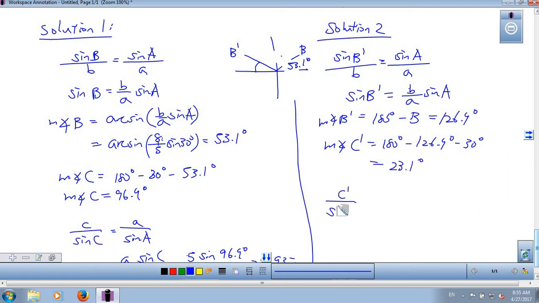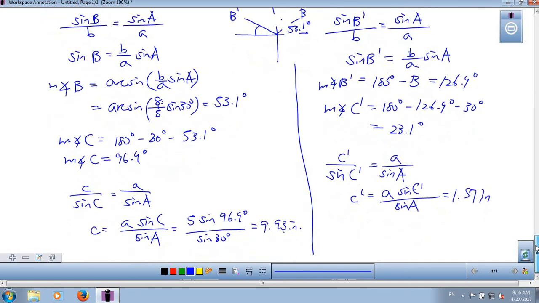So little c prime over sine C prime is equal to little a over sine A. So after we solve this, little c prime would be a times sine of angle C prime divided by sine A. So that would be 8 times sine of 23.1 degrees divided by sine of 30 degrees. Multiply that together, so it's 1.57 inches. Okay. I do apologize for the mistake.